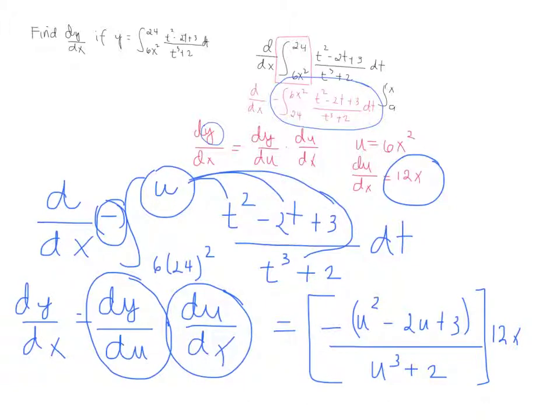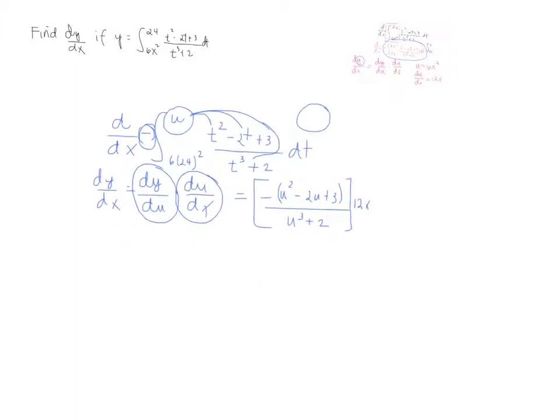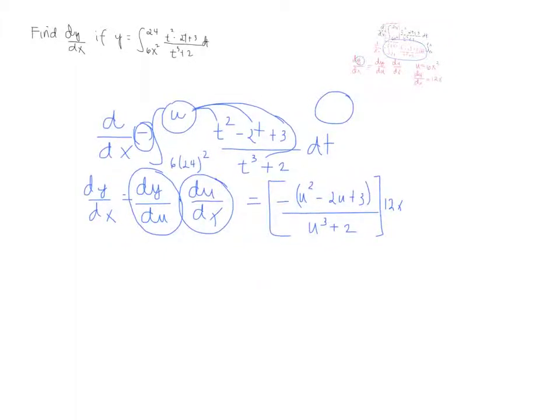And then after doing that, you can now return the value of u, which is 6x squared. So the final answer will be: you have 6x squared minus 2 times 6x squared, which is 12x squared. By the way, this should be raised to 2, not 4.